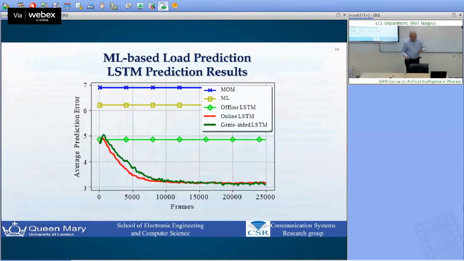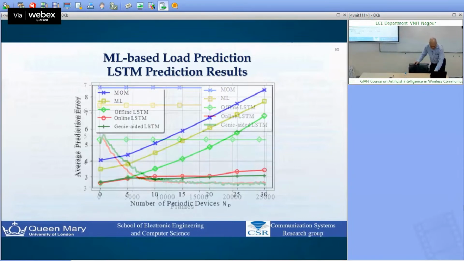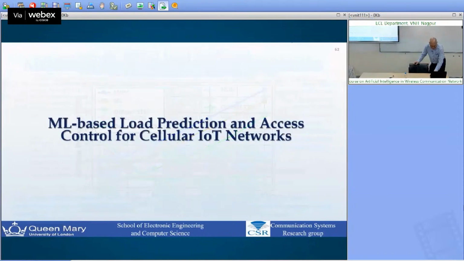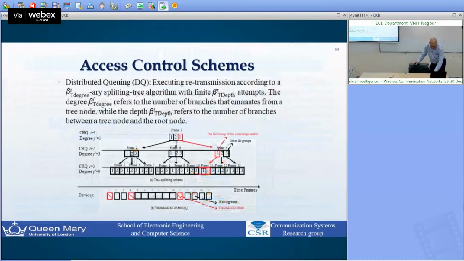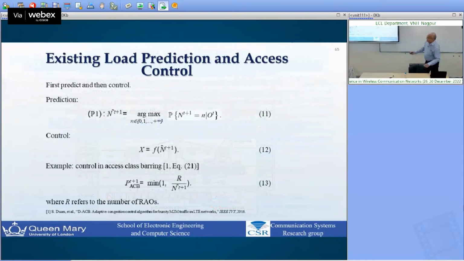Once we have predicted the load, to control the access class barring, the ACB factor is going to be the minimum of 1 or R over NT plus 1.